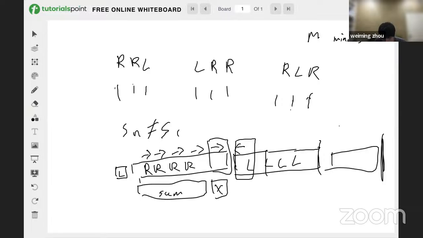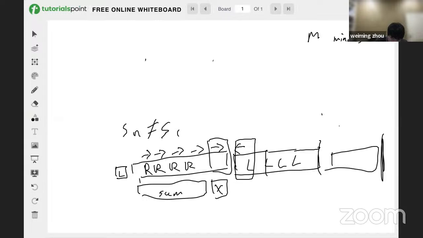Now for the sum, the sum will contribute this much to the answer.